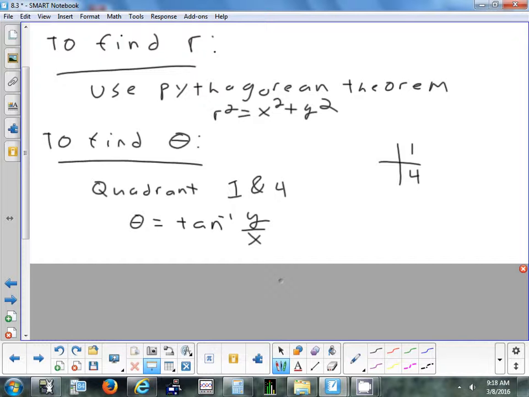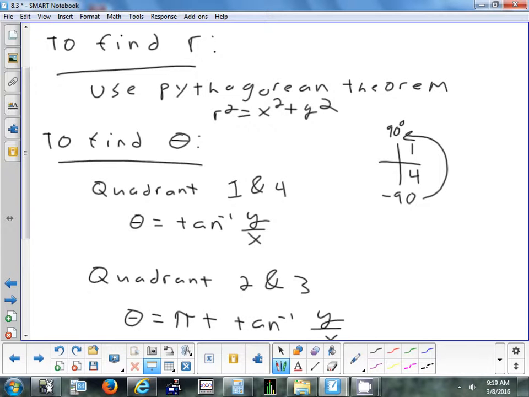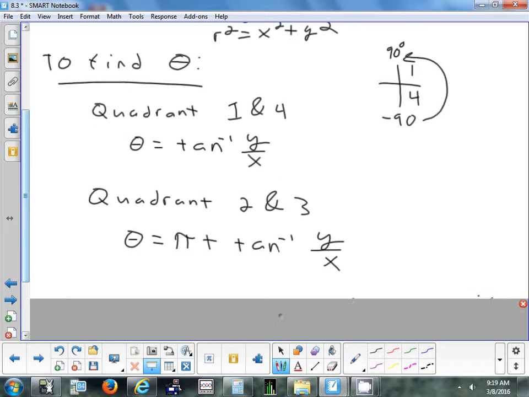Anytime you use your calculator to do inverse tangent, it's always going to give you an answer between negative 90 and 90, which is from here to here. It'll never give you an answer in quadrants 2 or 3. And that's a problem, because we could have answers in quadrant 2 or 3. So what would you have to add, do you think, to get to the other half of this circle? Yeah, if you add pi, or 180, that'll give you an answer in quadrants 2 or 3.